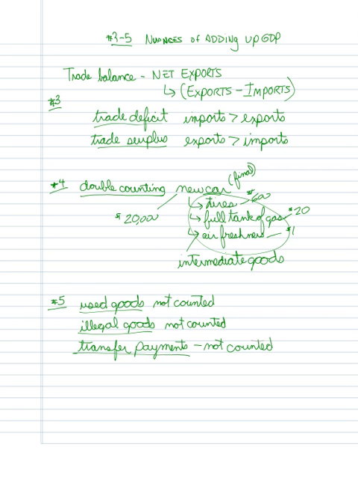Also, not counted in the GDP are illegal goods. Because presumably they're illegal, you can't really count illegal goods because it's not a recognized part of the economy.